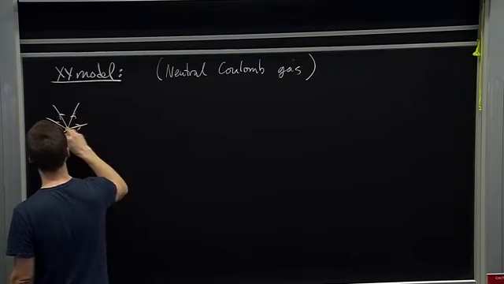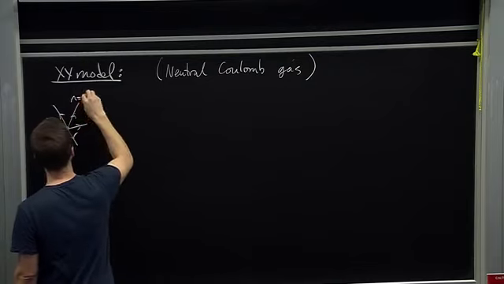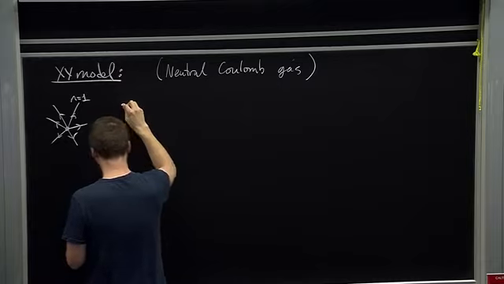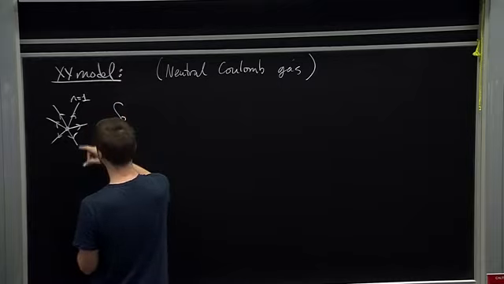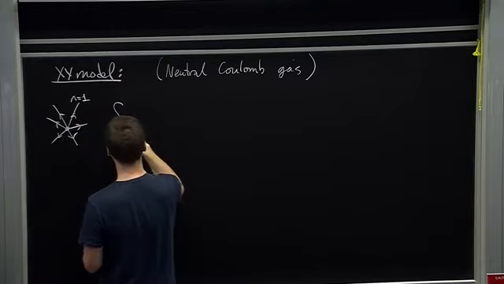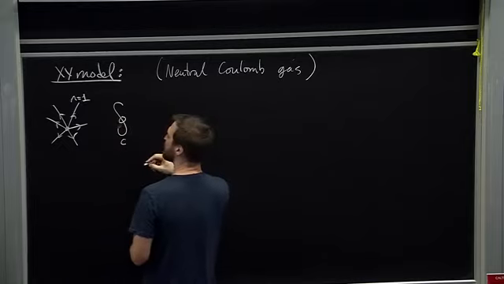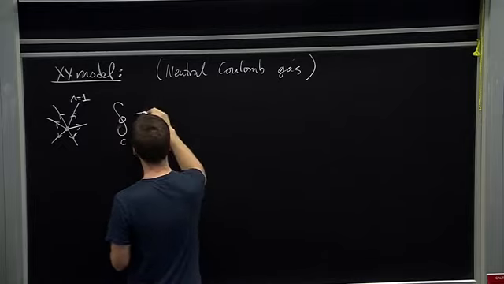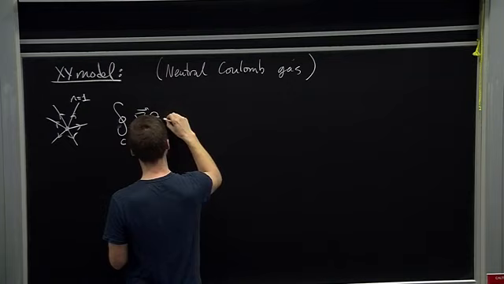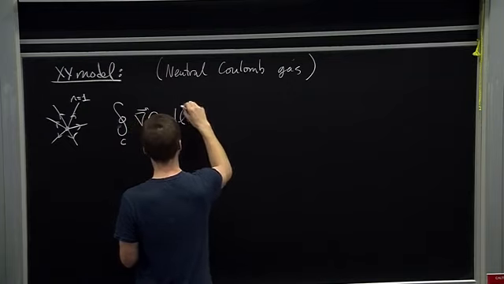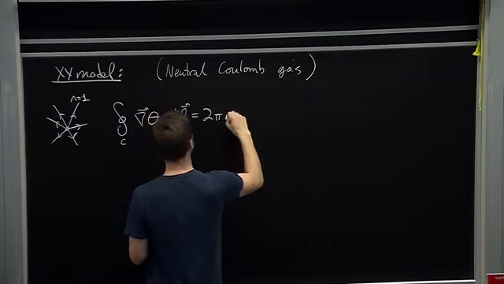Simplest case, n equals 1. If I take a contour integral anywhere such that the core is inside the path, then it equals 2 pi n.